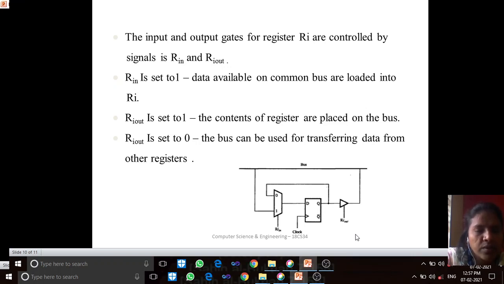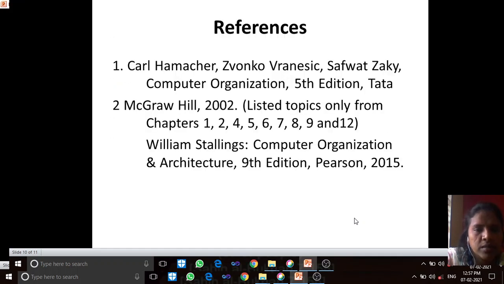The input, which is either 0 or 1, is controlled by D. The latch has two inputs, D and the clock, and Q and Q bar are the outputs, which are controlled by a gate, which in turn is connected to the internal bus.